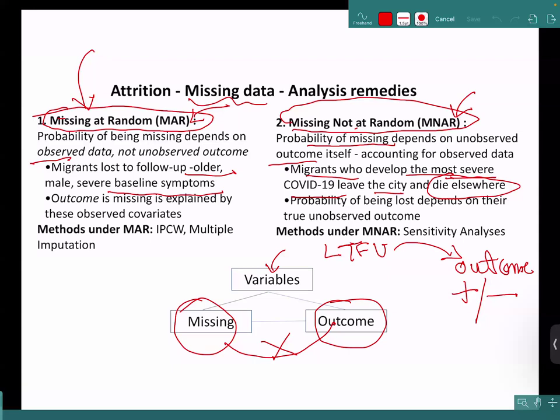When you look at the reasons, you should be able to assume whether what is missing because of loss to follow up is missing at random, or missing not at random. That is, whether this loss to follow up is or is not associated with the different outcomes. This kind of thought will help you to differentiate between the two.